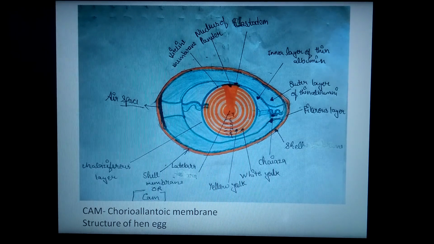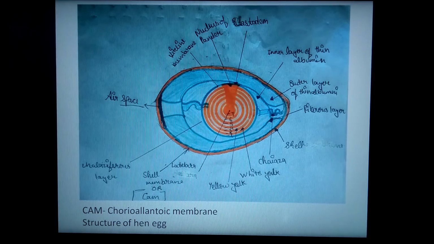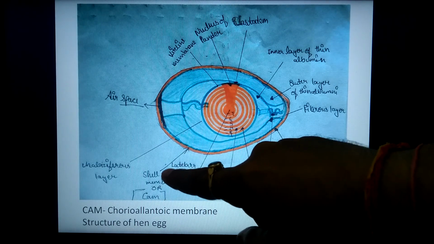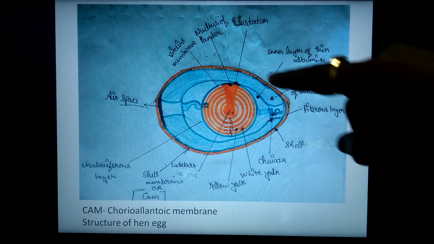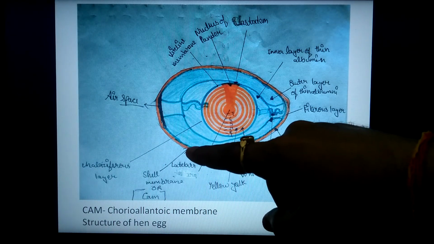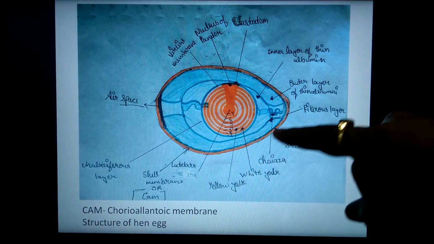Here we are focusing on the chorioallantoic membrane, which is represented by this arrow. This is the shell of the egg, and the immediate membrane is known as CAM or chorioallantoic membrane.